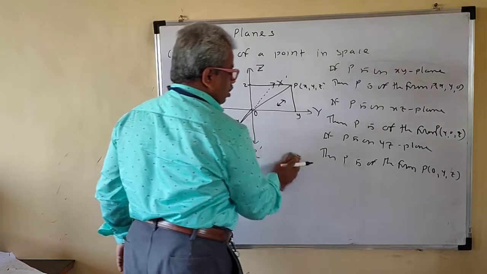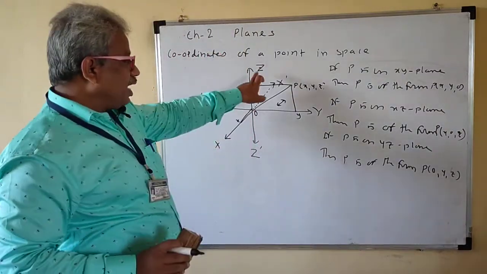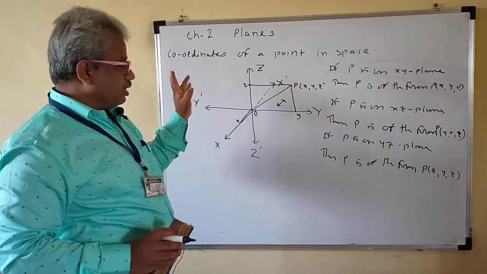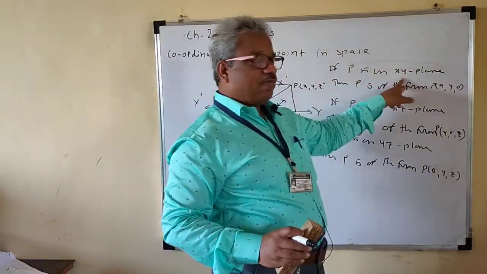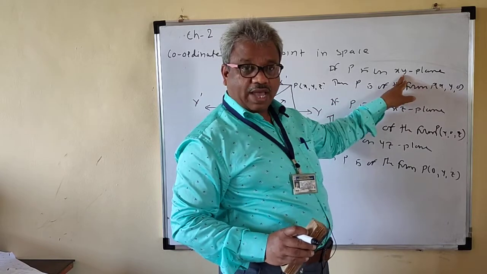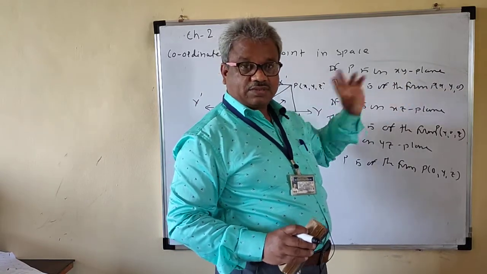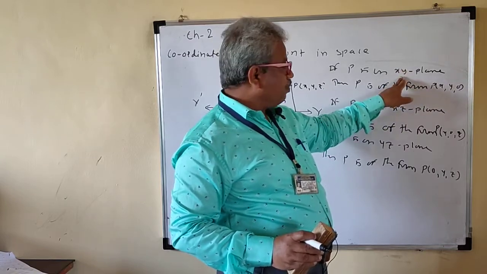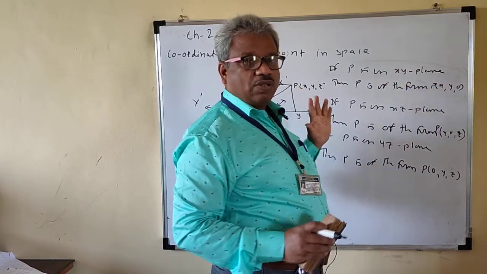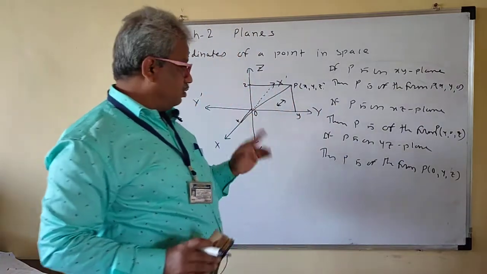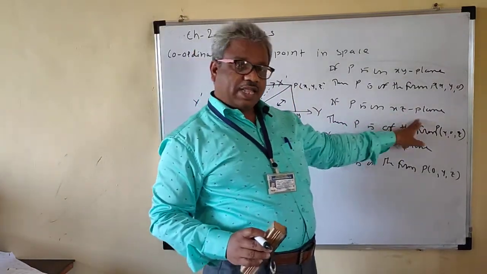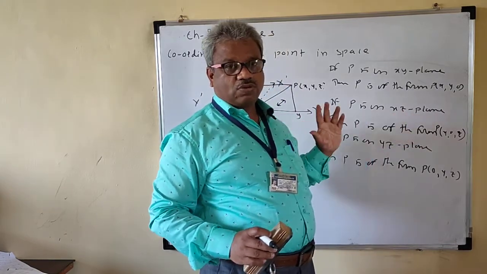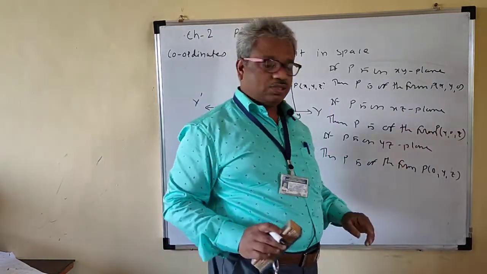So any line in the YZ plane is perpendicular to the x axis. Any line in the XY plane is perpendicular to the z axis. Any line in the xz plane is perpendicular to the y axis. Therefore the y coordinate is 0 here.